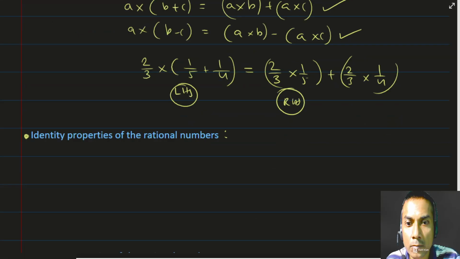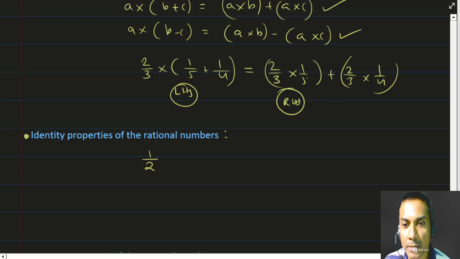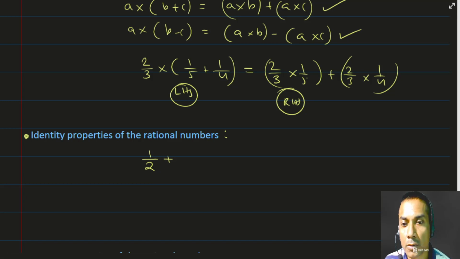Okay, now we discuss the identity properties of the rational number. So what is the identity property? For example, 1 by 2, if we add 0, what value we get? We get the same value. This value and this value are the same.